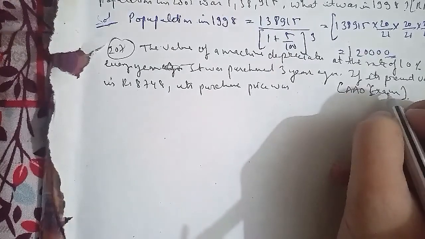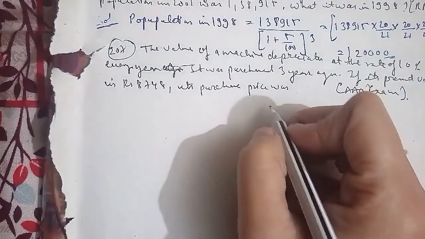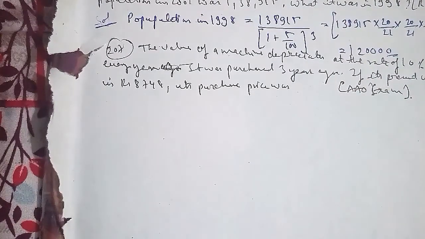The options are 10,000, 11,372, 12,000, 12,500. We go ahead for the solution here.